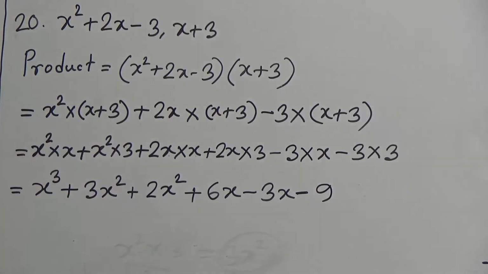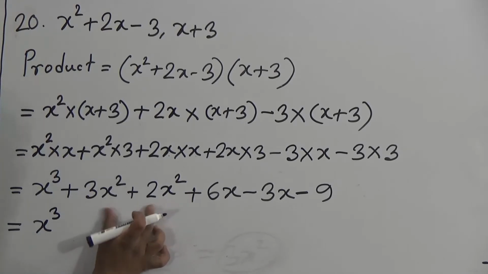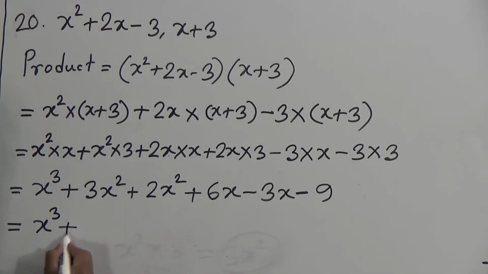Now we need to do only the addition and subtraction. It's very easy. Look, x cube is the only single variable term here and has no similar terms, so x cube is written here. Now thrice x square and twice x square are similar terms, so we can add these two. The numerals 3 and 2 make 5, and the variable is x square.